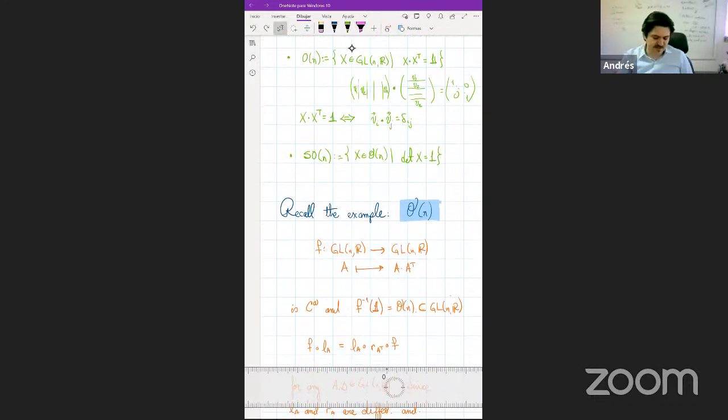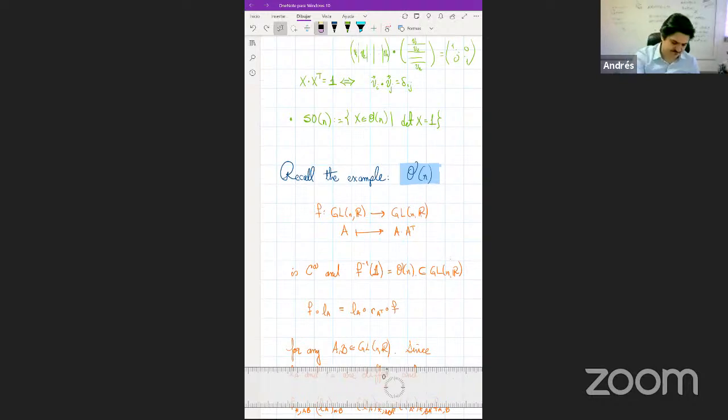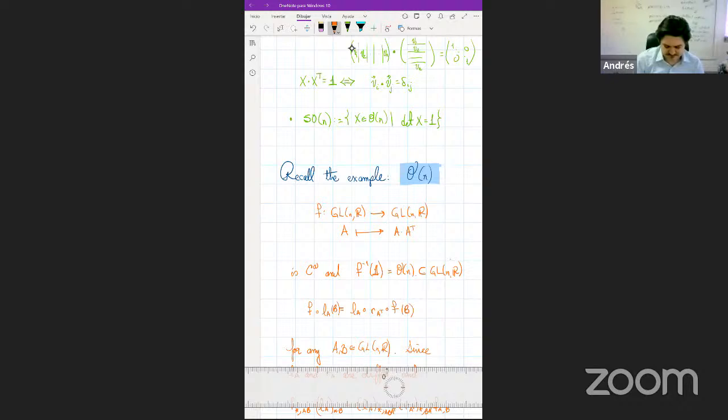What we saw last time is that we can factor this function like this, using the left and right multiplication, where A is any matrix, or if you want, evaluate it at B. So for any matrices A and B, you have this.